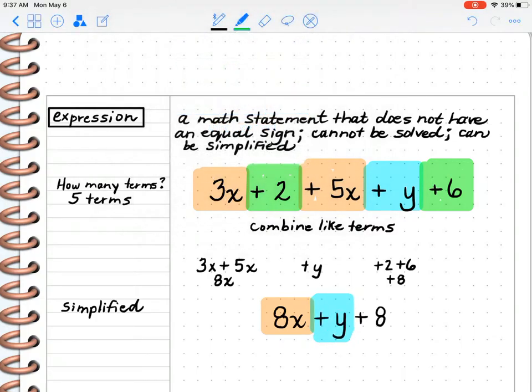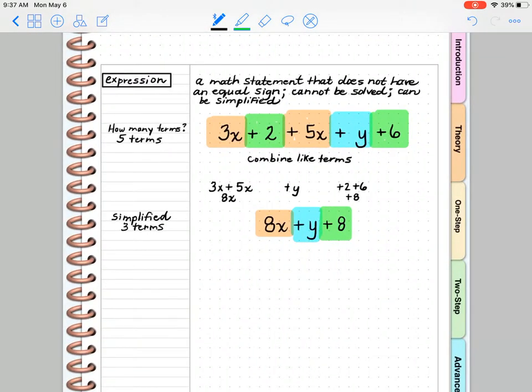And then the constants came down to just one term. We combined those. So in the simplified form, we only have 3 terms. And that's as far as we can go. There's nothing else that can be combined. So simplified down to 3 terms, but that is still a much shorter mathematical statement.